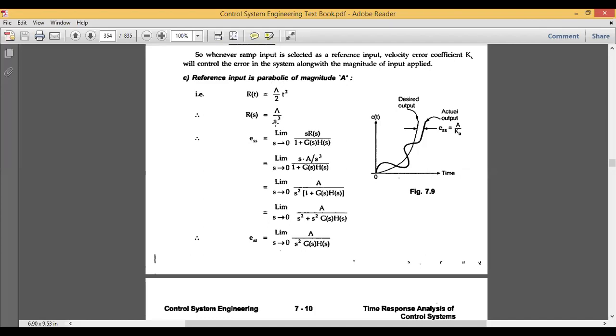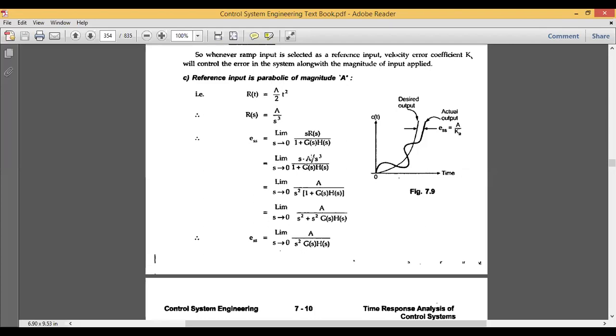Now substitute the value of R of s in this equation. So we get limit s tends to 0, s multiplied by A by s cube divided by 1 plus G of s into H of s. One s in the numerator and the denominator get cancelled.